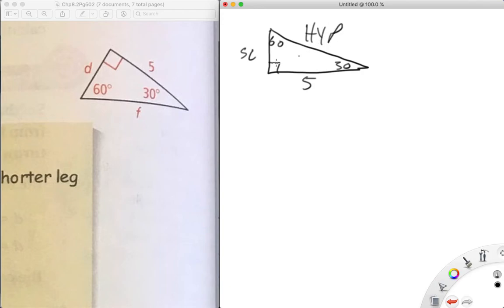Okay, so they want to find out what the hypotenuse is. So the first part is in order for me to find the hypotenuse, I have to first find the short leg, because the hypotenuse is equal to the short leg times 2. So step 1, find the short leg.